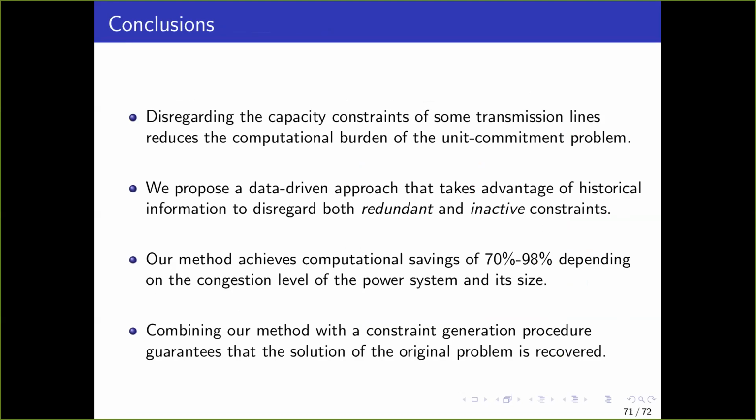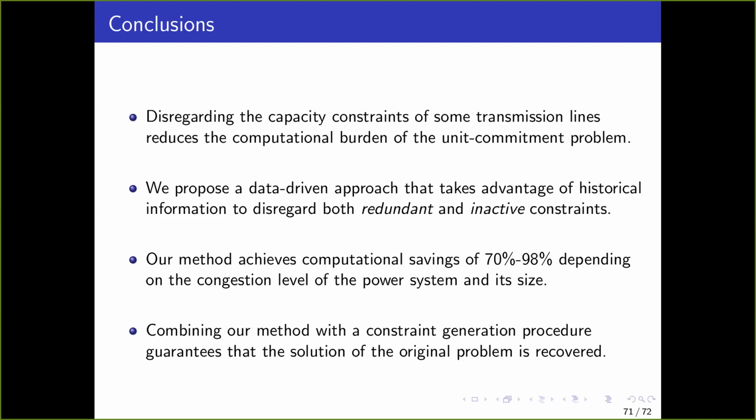Yeah, so this is the last slide of my presentation. The main idea of this work is that if we remove some capacity constraints of the unit commitment problem, we're going to reduce the computational burden. We propose a data-driven method that relies on access to historical data, but on the other hand, it can remove both redundant and inactive constraints.